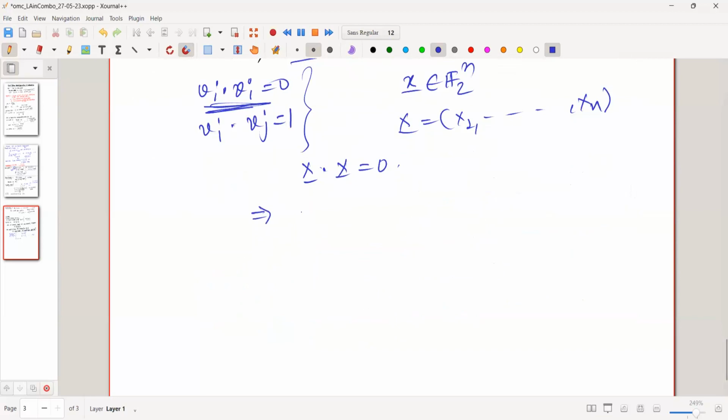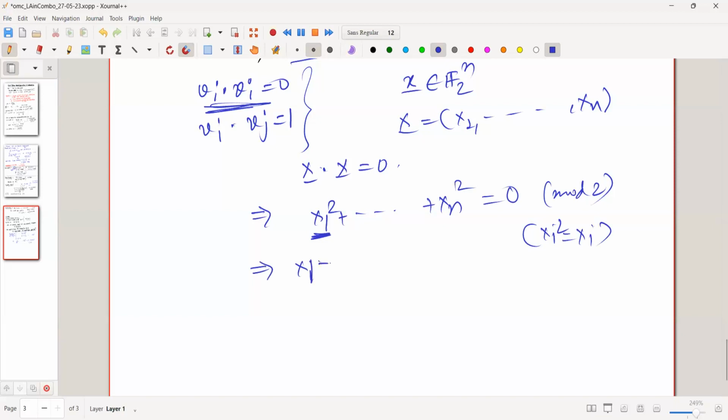Then what does that mean? This basically means that X1 squared plus up till Xn squared is 0 mod 2, obviously. But all the Xi's are either 0 or 1, right? So Xi squared is actually just Xi. So this tells you that X1 plus X2 plus up till Xn is 0 mod 2.